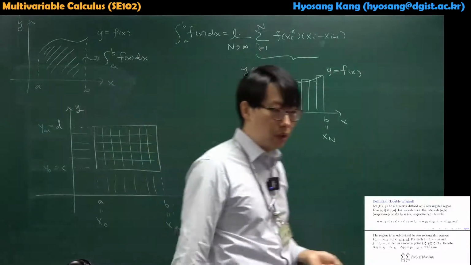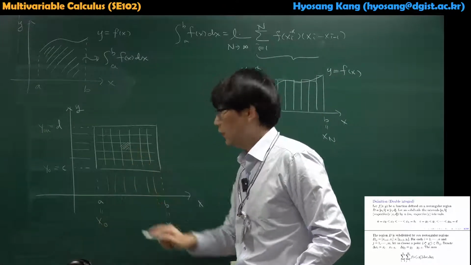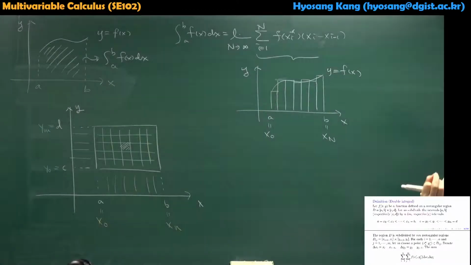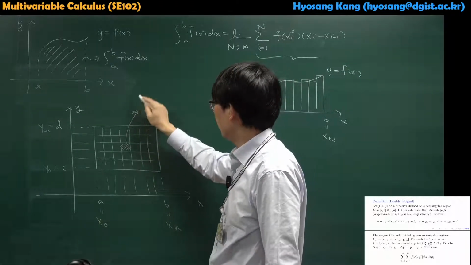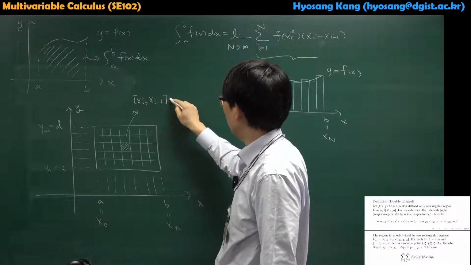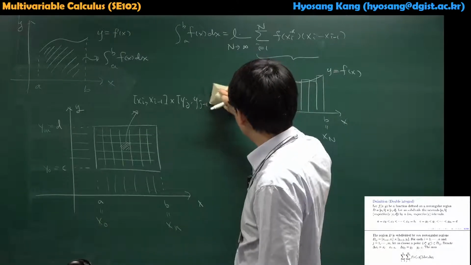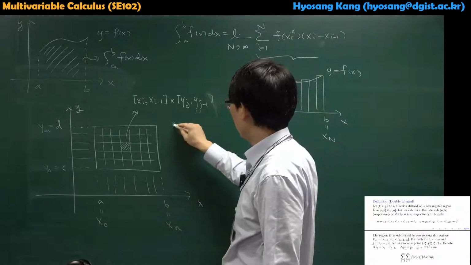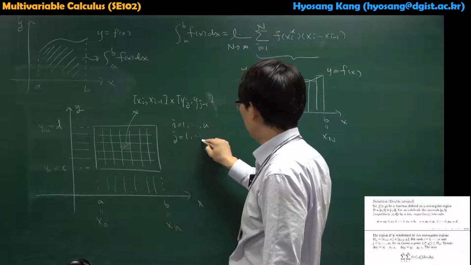And what we are going to do on each of these sub-regions, for example, I take this part, I'm going to take a point inside of this sub-region. So let's say this region is [x_{i-1}, x_i] times [y_{j-1}, y_j], where i is from 1 to n and j is from 1 to m.